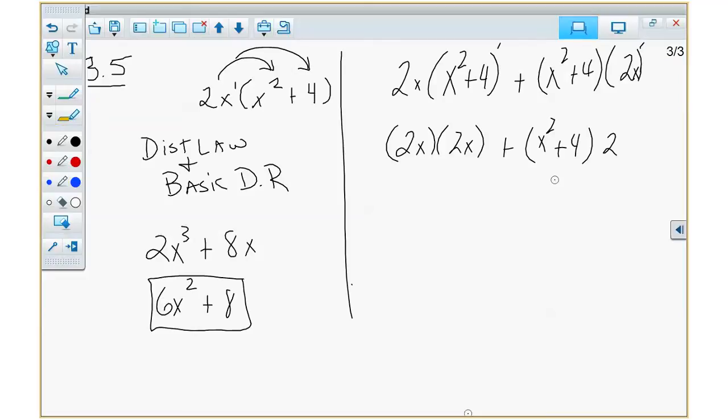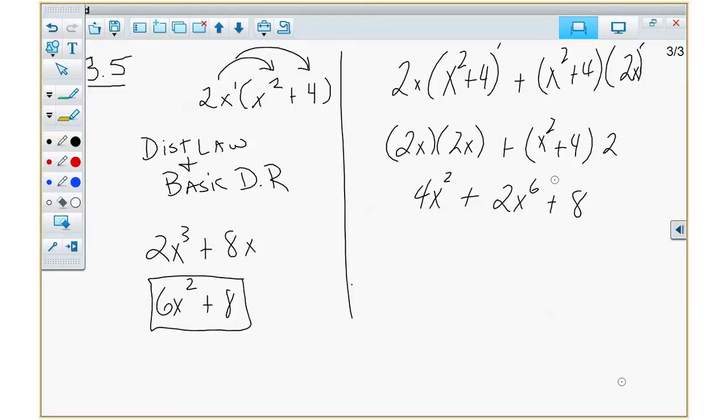Again, another question is 90% algebra, 10% calculus. 4x squared plus 2x squared plus what? 2x is 6.